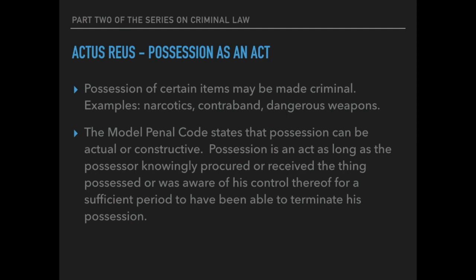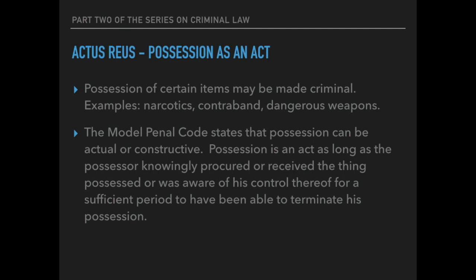Possession is an act as long as the possessor knowingly procured or received the thing possessed. It's like you knew that you were getting that thing, or you knew that you were receiving that thing. Right there, that's enough to constitute possession.